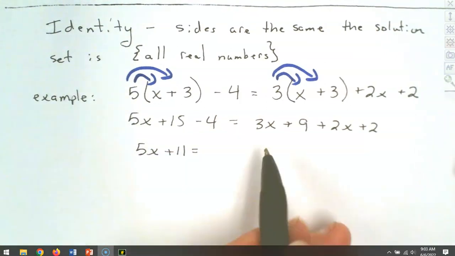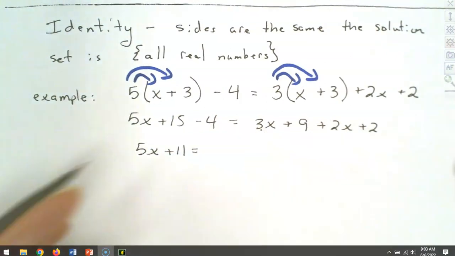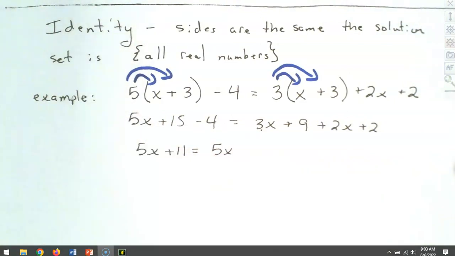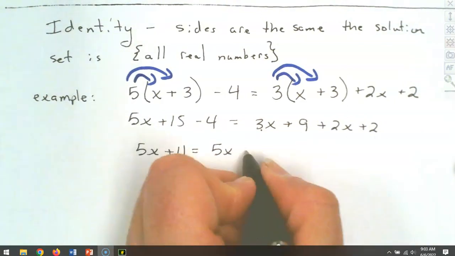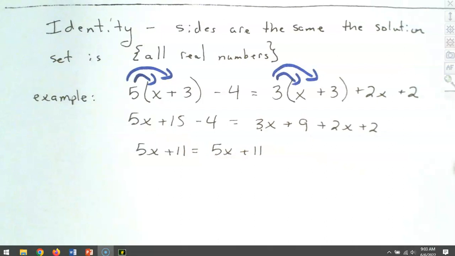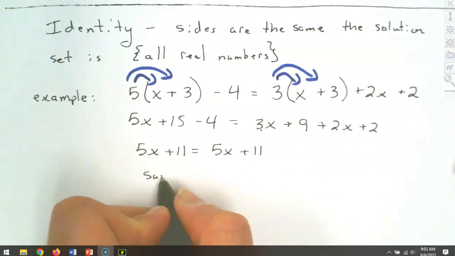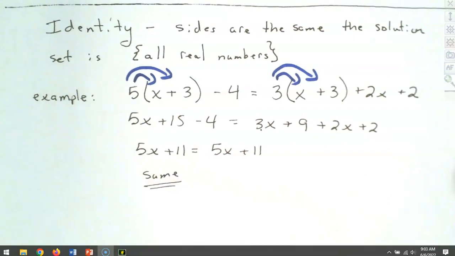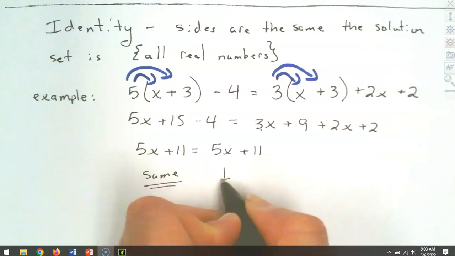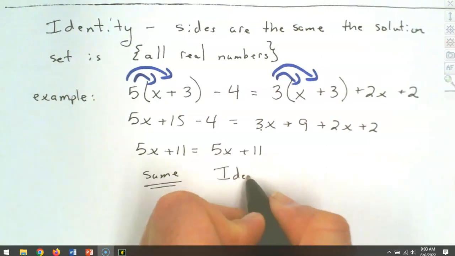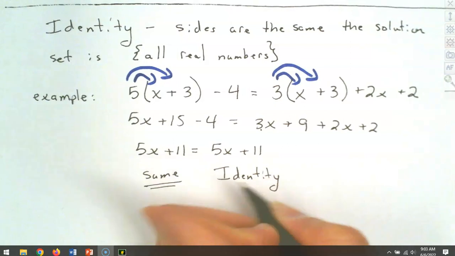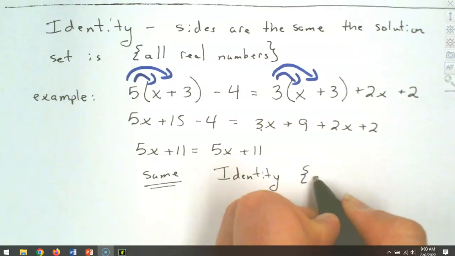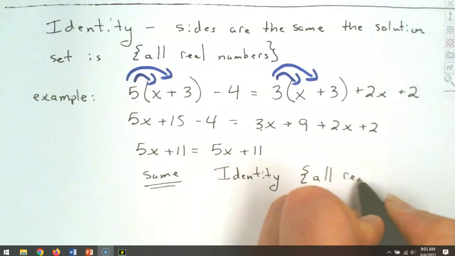On the right-hand side, we have a 3x, a 2x, that makes it a 5x, and 9 plus 2 makes it also an 11. So these sides are the same, so this is called an identity. And your solution is going to be all real numbers.